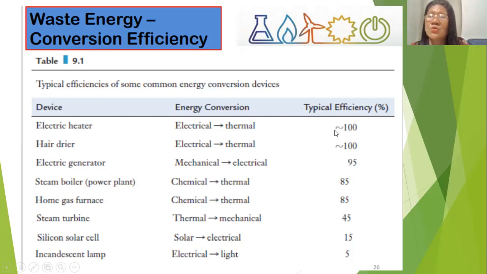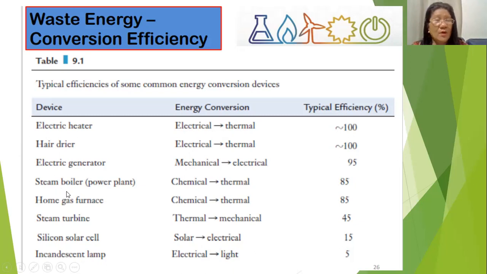Hair dryer, that is electrical, you plug it in, then it will give off heat on your hair and dry your hair. And that is thermal. Electric generator, meaning it is the machine, converted to electricity. So mechanical to electrical. That's 95% efficient.